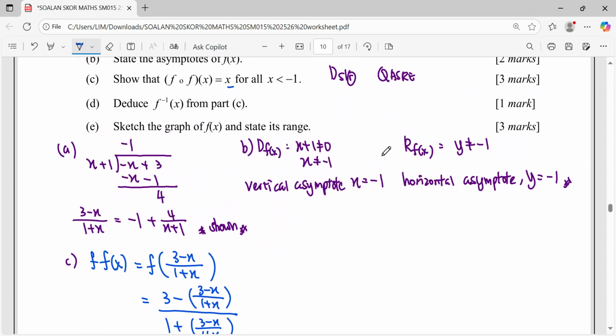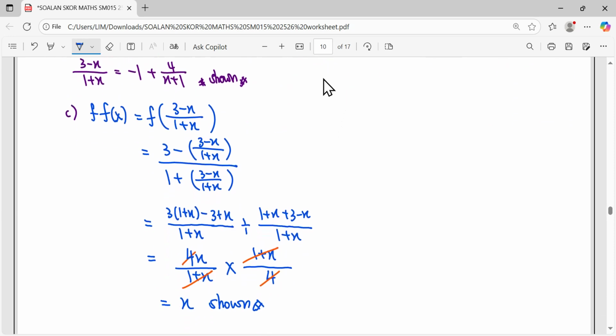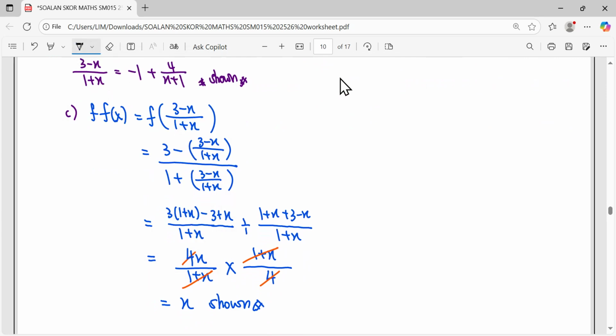Then they say D, deduce your f inverse from part C. So from here, question D, you have to be alert here. As you can see, f inverse composite f equals x, which means that this function is inverse to itself, because f inverse composite f gets x.